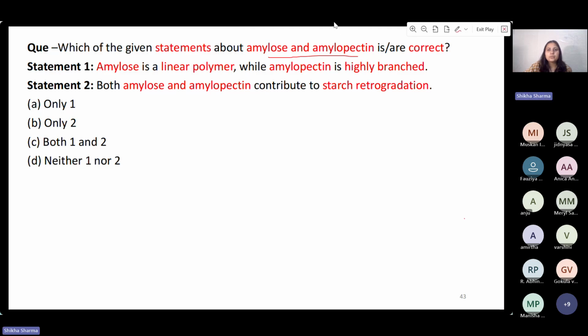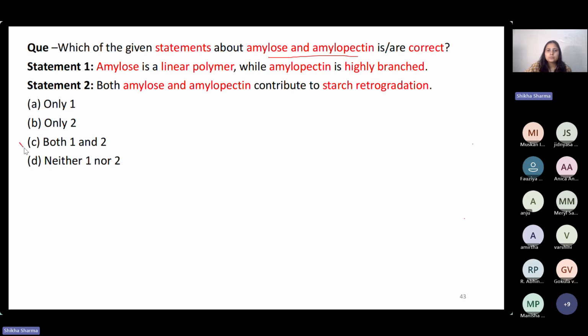Anyone who would like to answer this question? We have three answers, A, B, and C. Shivaswamy is saying A, Fozia C, Aman B, and Anjali C.